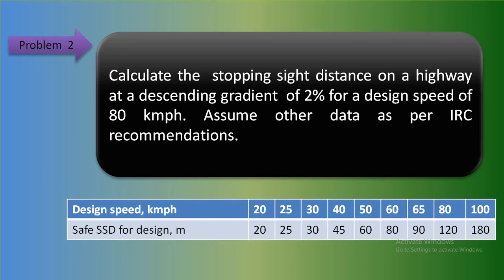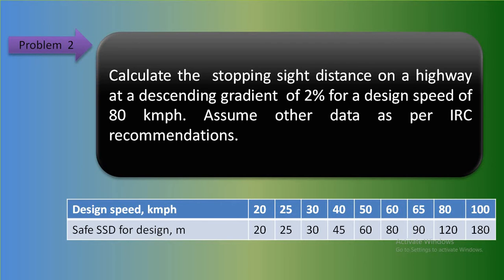Calculate the stopping sight distance, that is SSD, on a highway at a descending gradient of 2% for a design speed of 80 km per hour. Assume other data as per IRC recommendations.